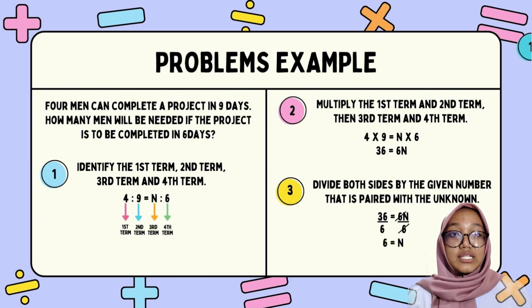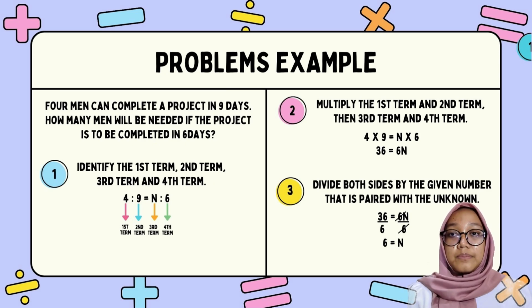And then we operate and have the result: 4 times 9 is 36, equals n times 6 is 6n, and then 36 equals 6n.